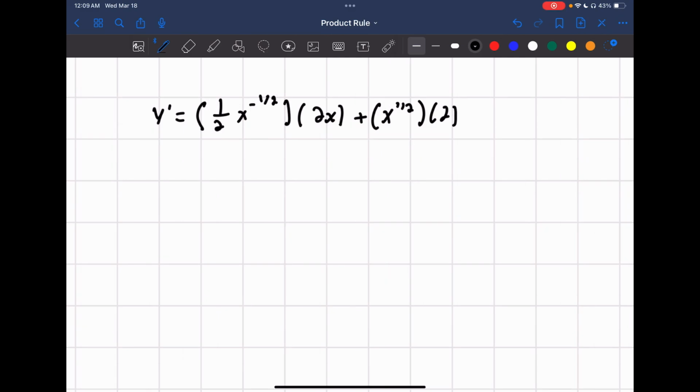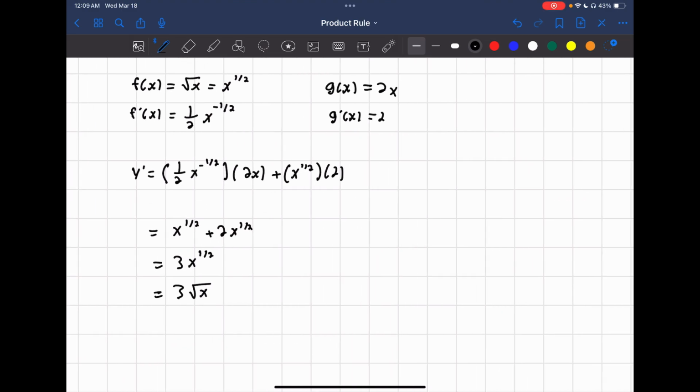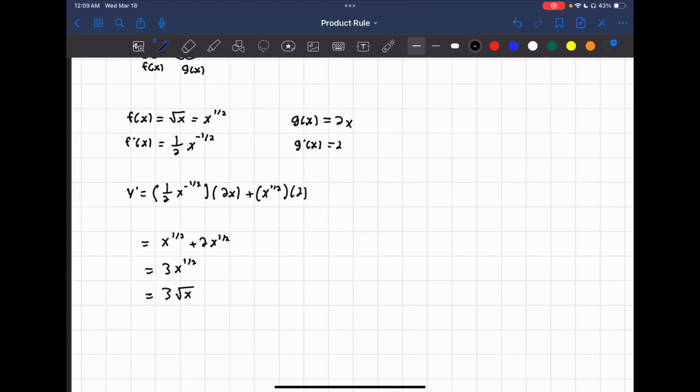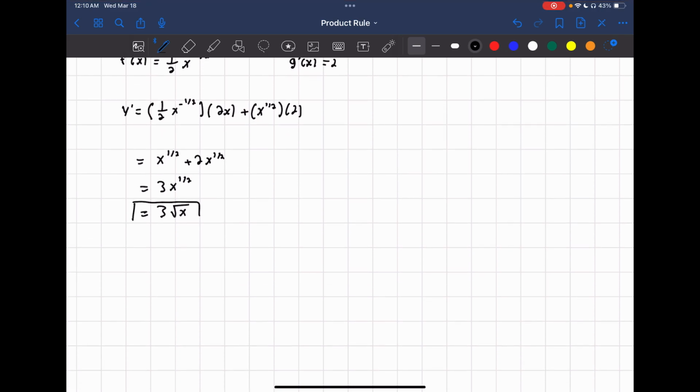Now to simplify this equation, we would have x to the power of 1 over 2 plus 2 times x to the power of 1 over 2, which equates to 3 times x to the power of 1 over 2, which can then be simplified to 3 times root x. And yeah, this is the final answer.